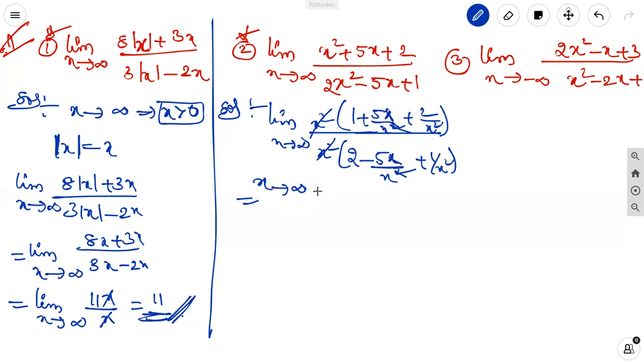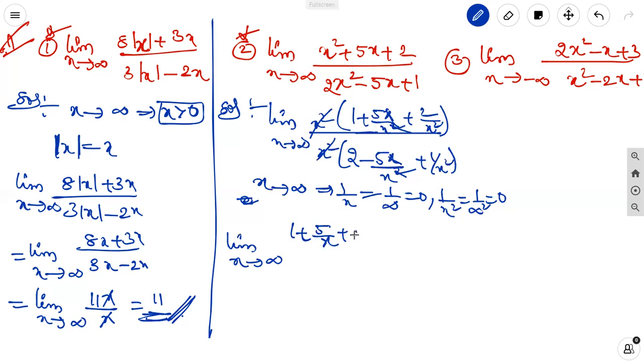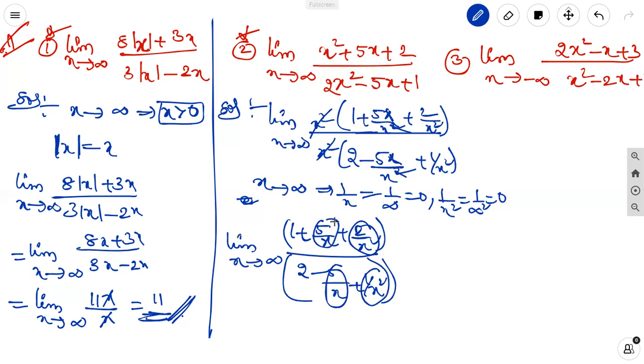If x tends to infinity, then 1 by x tends to 0, or 1 by x equal to 0 when we substitute. That is, 1 by infinity is 0, and 1 by x square, 1 by infinity square, is also 0. So we are getting limit x tends to infinity (1 plus 5 by x plus 2 by x square) by (2 minus 5 by x plus 1 by x square). These terms go to zeros, so the value is 1 by 2.